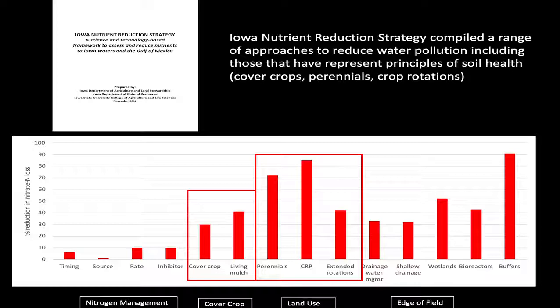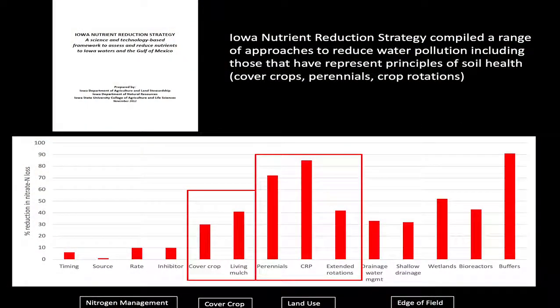So Charlie just talked some about nitrogen inhibitors, nitrogen management as one piece. They also grouped the impact on nitrate loss, and this was information that they summarized from studies that had been done in Iowa. I know it's not exactly Nebraska, but some similarities, right? So nitrogen management, they looked at cover crops, land use like perennials or CRP, and then edge of field practices.